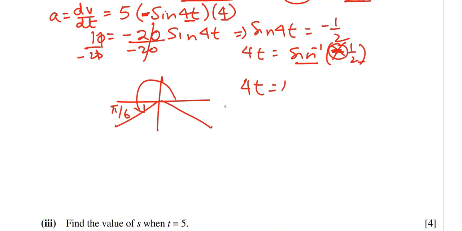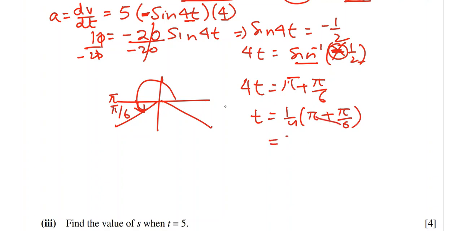Alright, so this angle is pi, and pi by 6 extra, so pi plus pi by 6. So t becomes 1/4 of pi plus pi by 6, which is 6 pi plus pi over 6, so 1/4 of 7 pi over 6, or 7 pi over 24.